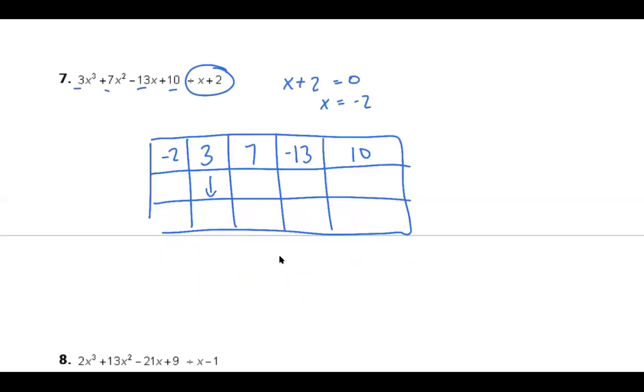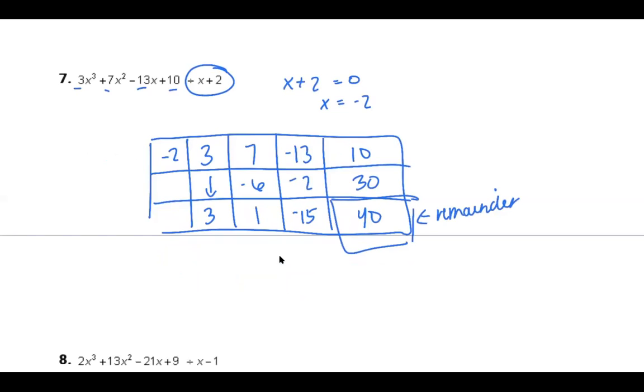All right, I carry down my 3. 3 times negative 2 is negative 6. I add them together. That gives me 1. Okay, multiply together again gives me negative 2. I'm at negative 15. Then when I multiply those together, I've got 30. So added together, I have 40. All right, so this is, again, my remainder.